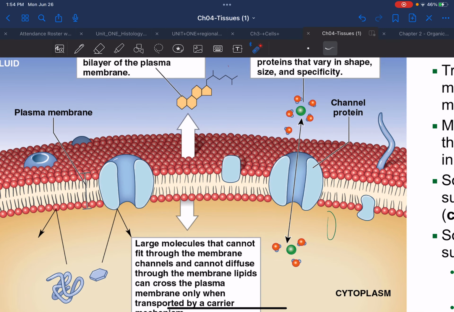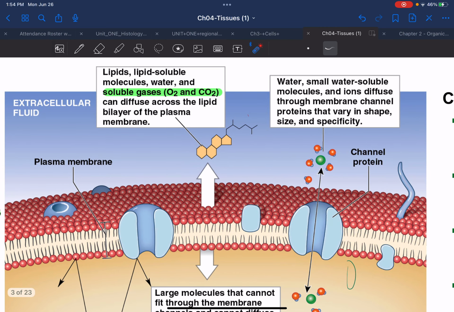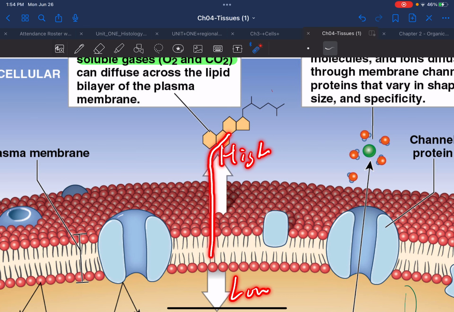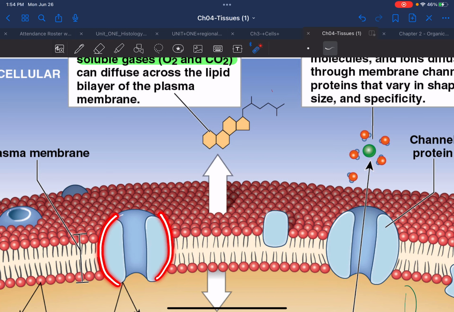When we compare this molecule, and we're going to use our imaginations, if we depended on diffusion, we're going from high to low. And this molecule going from this high portion to this portion can be a little ineffective, meaning that it will take forever. So what the cells can do is have a protein specific for this.